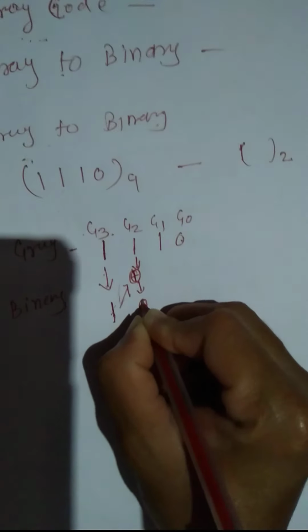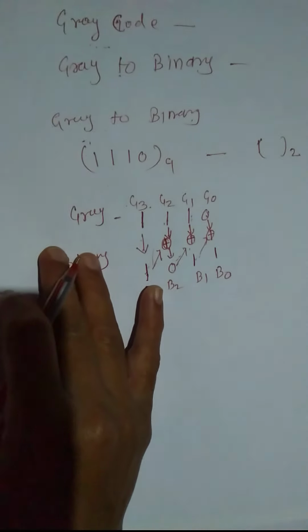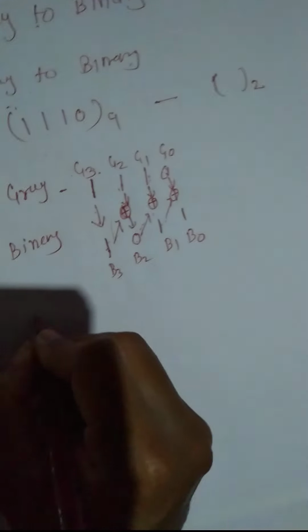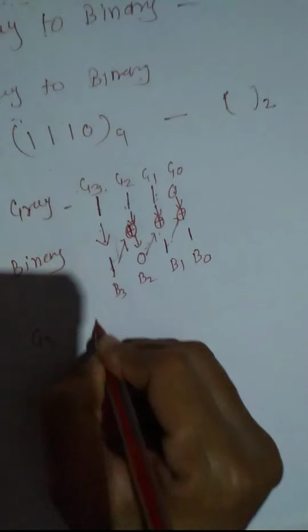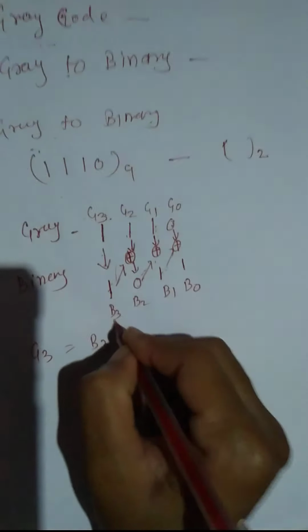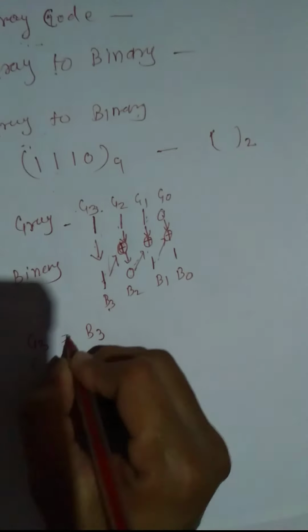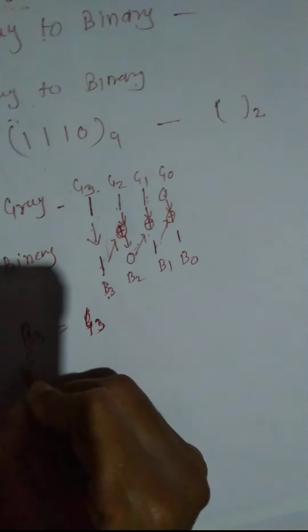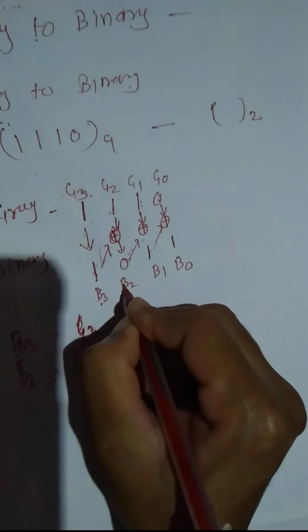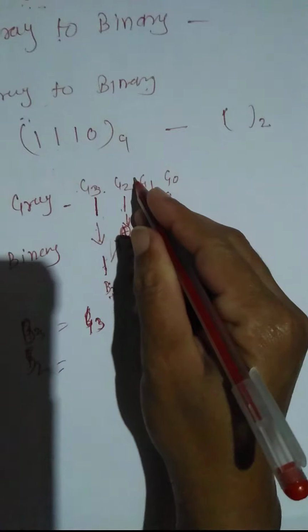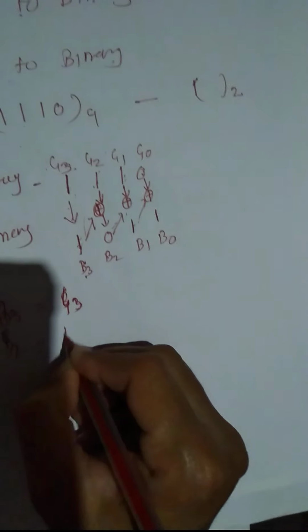So the binary number is B3, B2, B1 and B0. G3 is copied directly into B3. This is the input and this is the output. Next, how do we get B2?